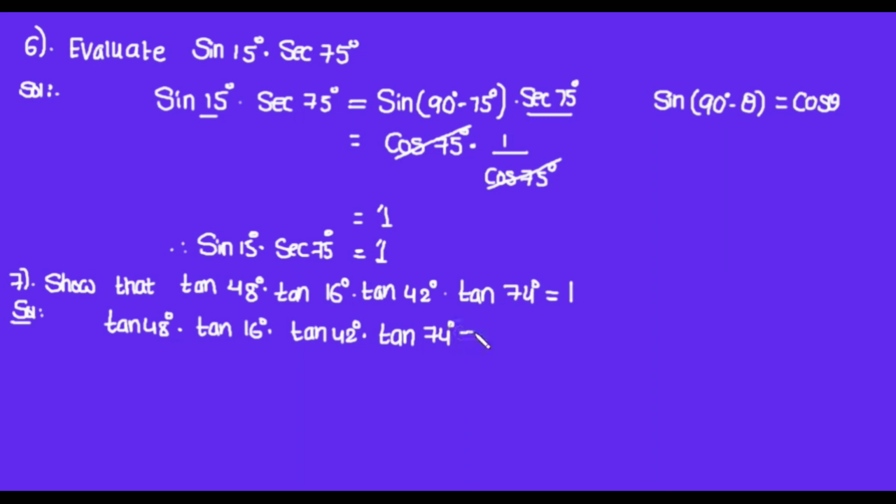So first we are writing tan 48 degrees multiplied by tan 42 degrees because the sum of the angles is 90 degrees. Similarly, tan 16 degrees and tan 74 degrees are also arranged like this.